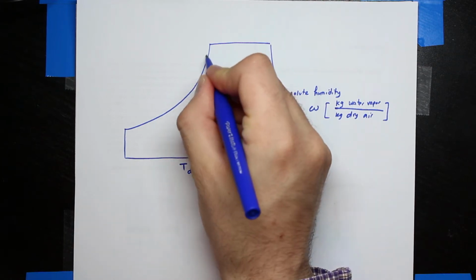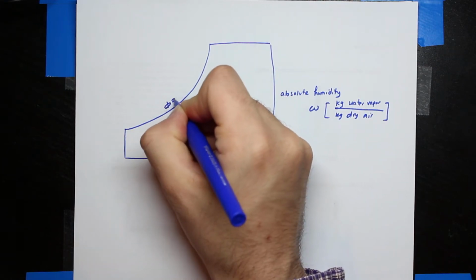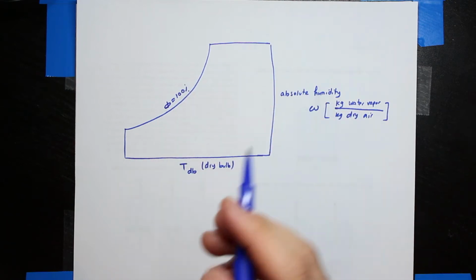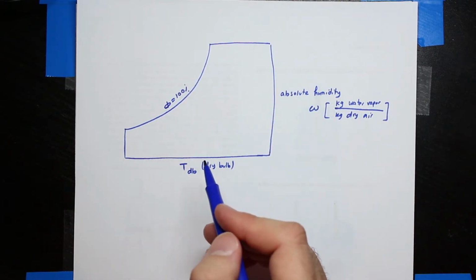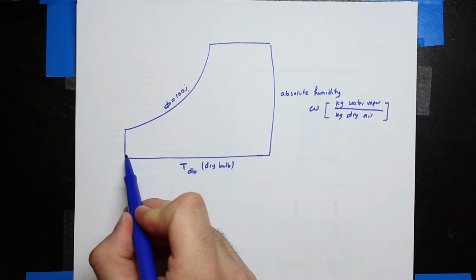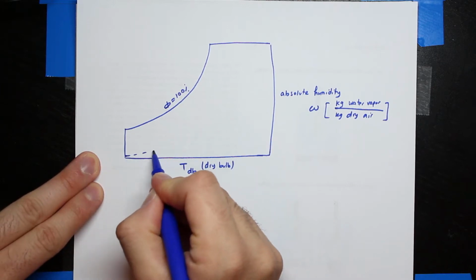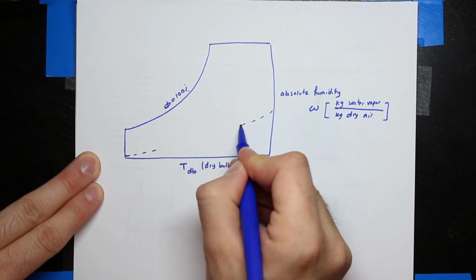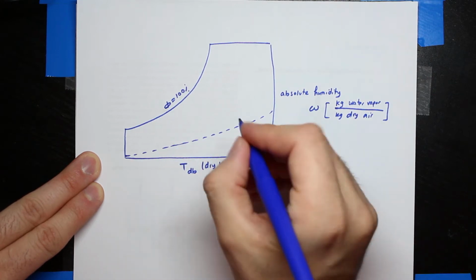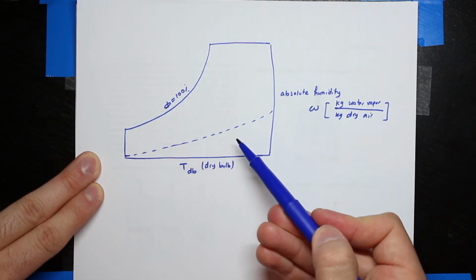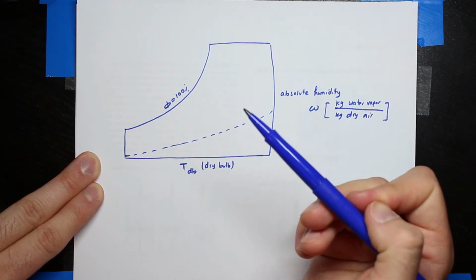Now in these axes, or in this curve, we have the relative humidity. So let's say this curve shows relative humidity equal to 100%. The constant relative humidity lines start from here. Maybe I can show them with dashed lines. So this is one constant relative humidity, and as we go in this direction, the relative humidity increases.